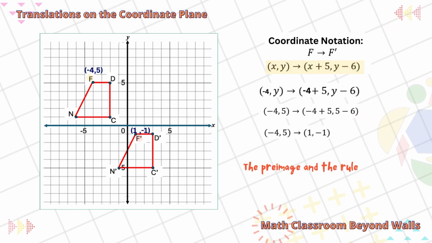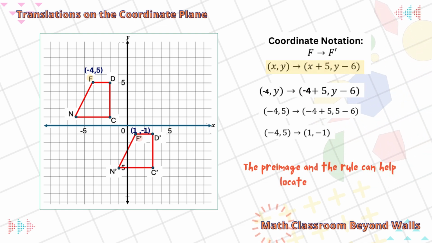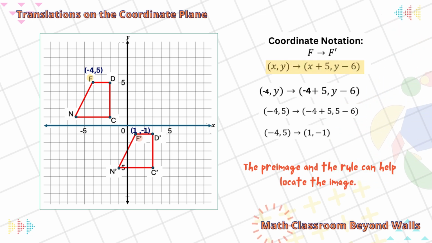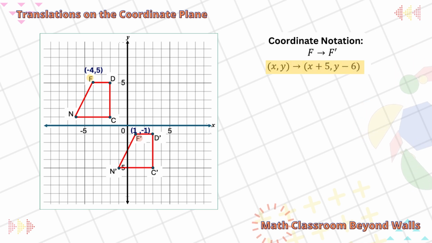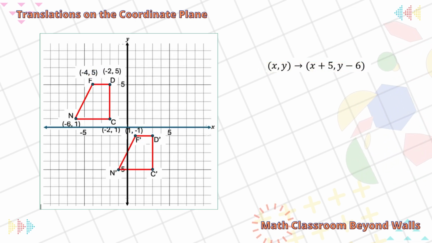So, remember this, learners, if we have the preimage and the coordinate notation for the rule, the translation rule in this case, we can locate the image, and drawing the image, if no drawing is present, can easily be done. Try to determine the coordinates of D prime, C prime, and N prime by applying the translation rule.